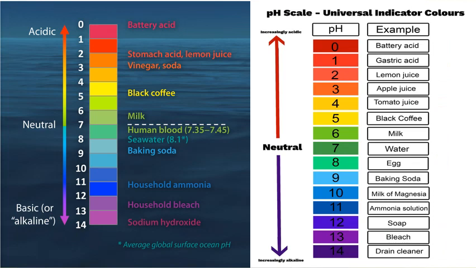Colors: battery acid 0, gastric acid, lemon juice, apple 3, tomato juice 4, black coffee 5, milk 6, water 7, egg 8, baking soda 9, milk of magnesia 10, ammonium solution 11, soap 12, bleaching powder 13, drain cleaner with pH value 14. Baking soda is about 9, and human blood approximately 7.4.